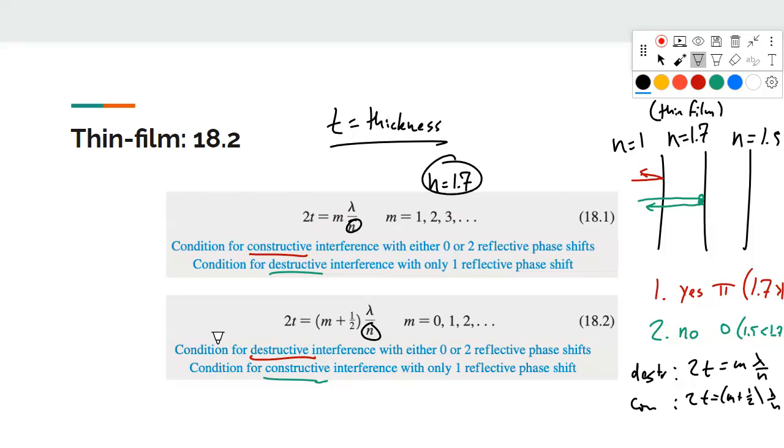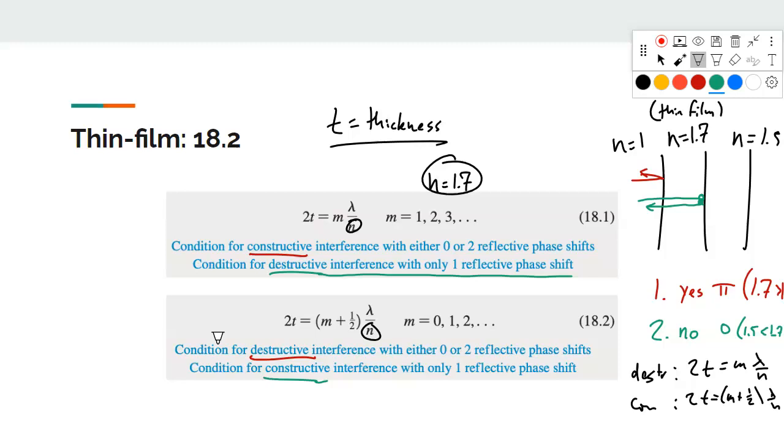Yeah, so that's a great question. I'm really glad you asked. In the text here, they say that this top equation is destructive for the case where you only have one reflective phase shift. What that means is that in the destructive case, the red arrow does get a phase shift because we're going from a lower n, 1, to a higher n, 1.7.